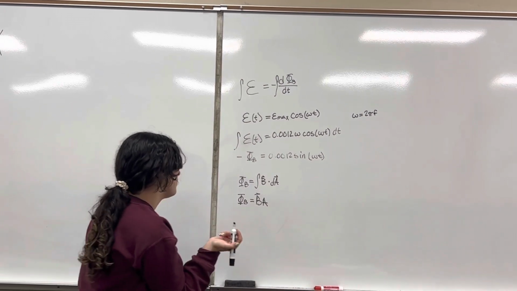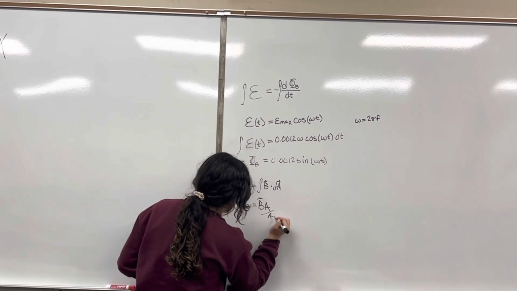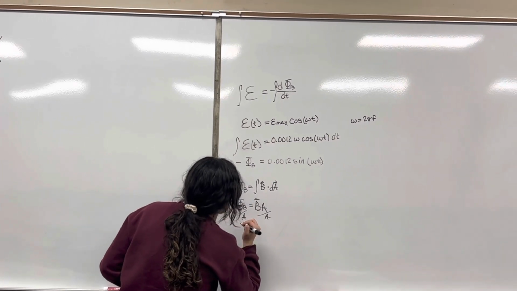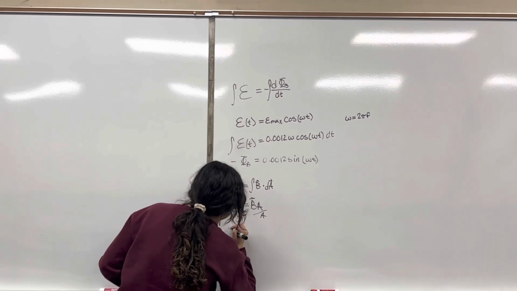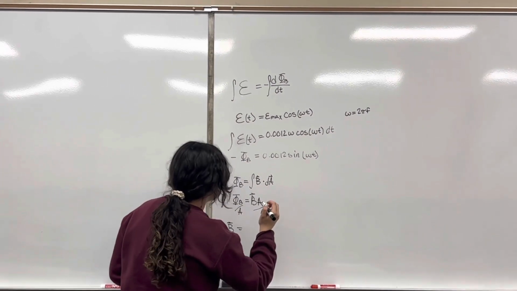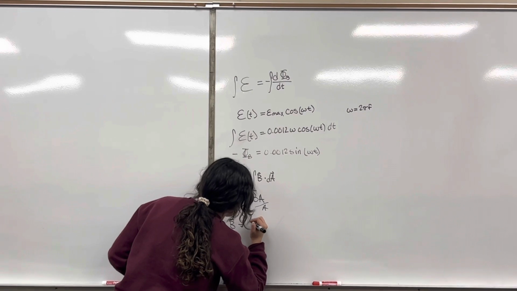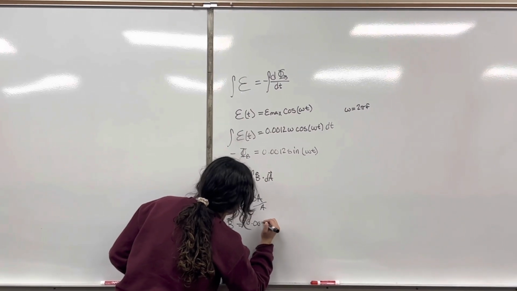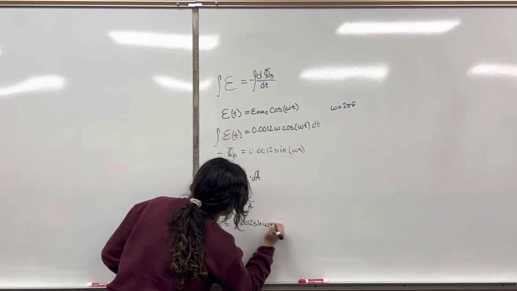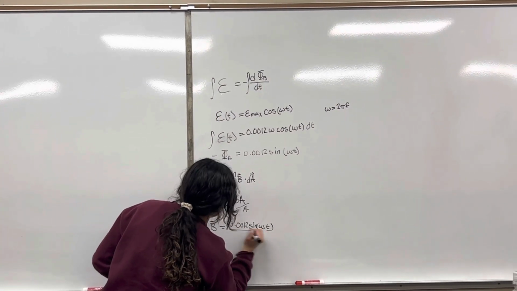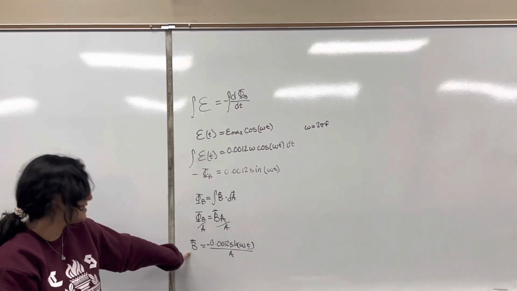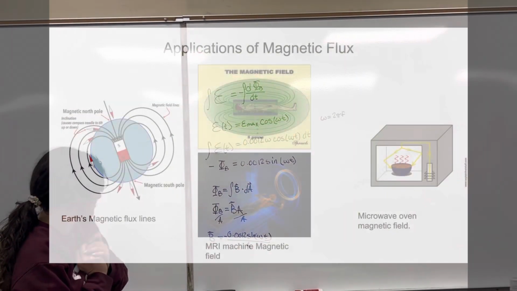And if we divide both sides by A, we can get that our magnetic field is equal to magnetic flux, which is 0.0012 sine omega t, over the area. And that's how we solve for magnetic field using magnetic flux.